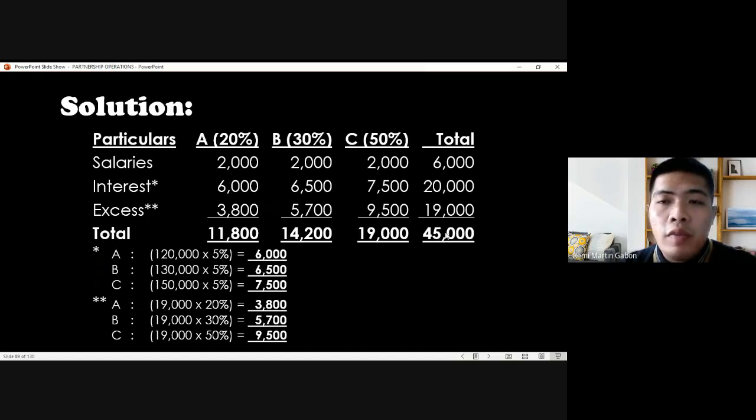Then ibawas sa 45,000, the difference is 19,000. Then distribute the excess based on the agreement. 2 is to 3 is to 5. Okay? So 3,800 for A, 5,700 kay B, and 9,500 kay C. A total of 11,800 for A, 14,200 kay B, and 19,000 for C.